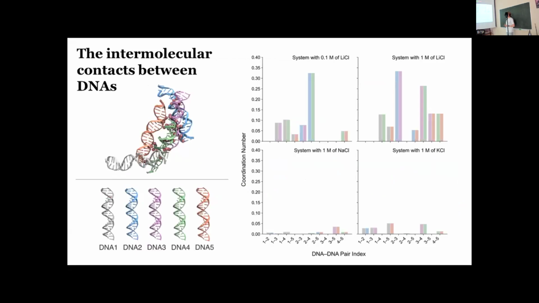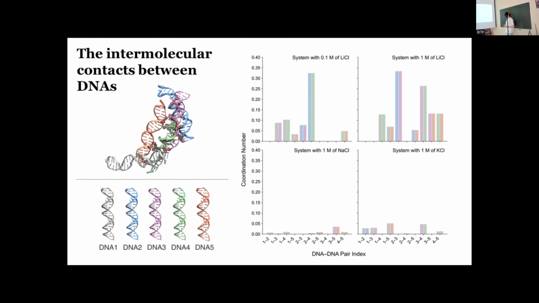To quantify what we observed in the trajectories, we first calculated the coordination numbers for the phosphate groups belonging to the different DNA macromolecules. The x-axis on the graph shows the DNA-DNA pair for which we calculated the coordination number, and the colors of the bars correspond to the color scheme of the different DNA in the system, just for clarity.